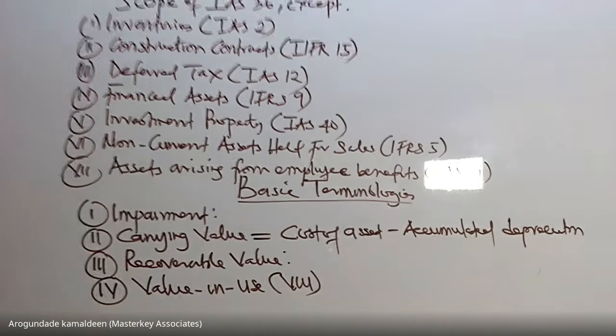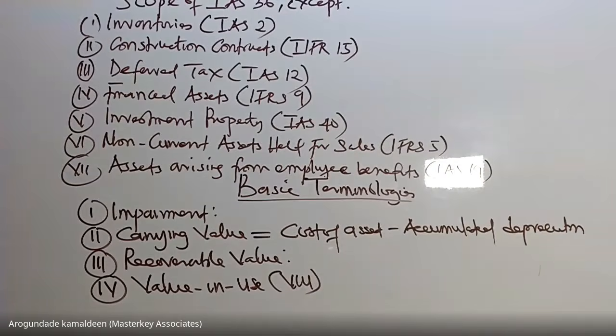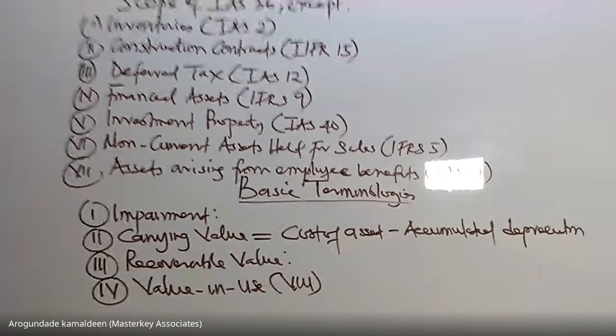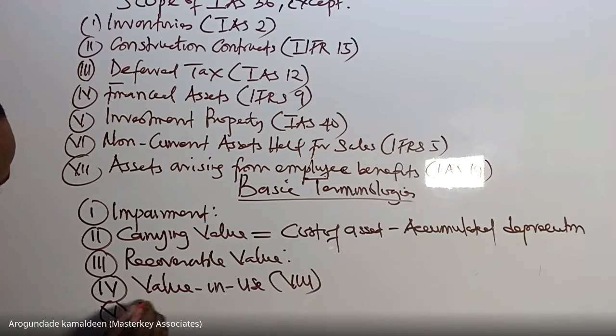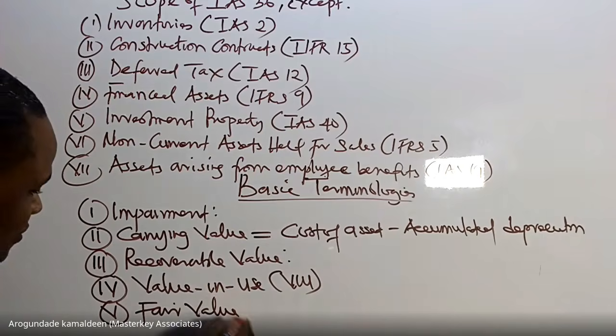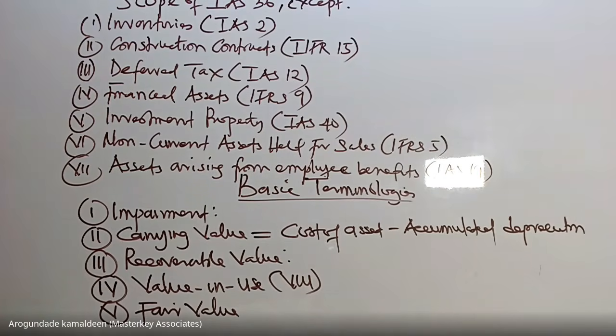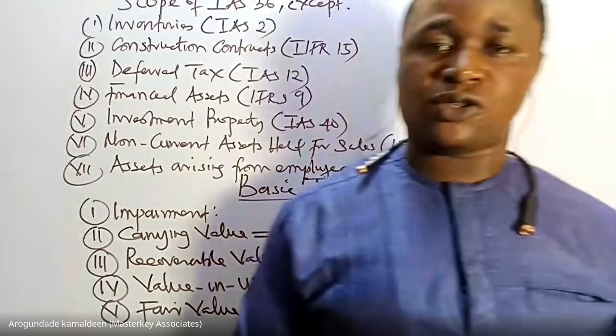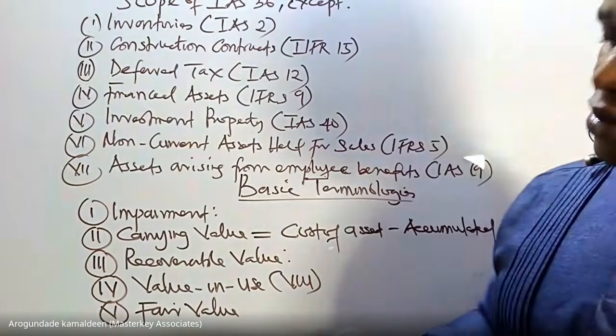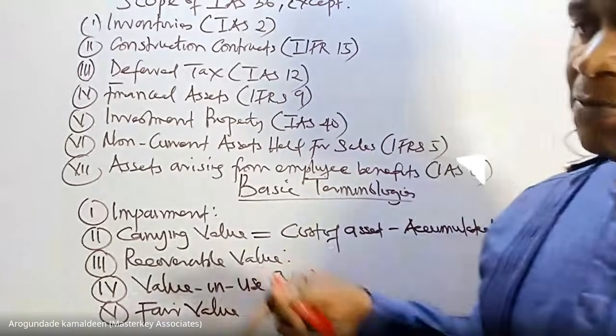Are we there? Next now is the fair value. Remember that the recoverable value of the asset is the higher of the fair value less cost to sell and value in use. So I have just talked about the value in use.